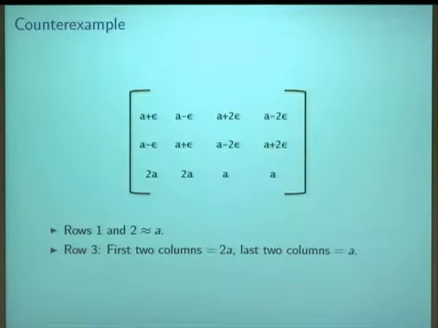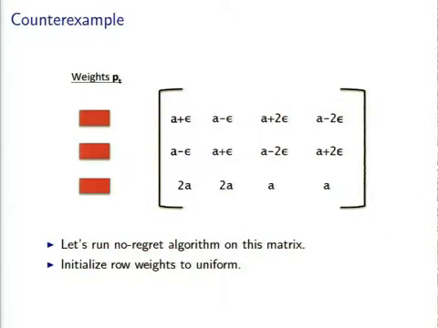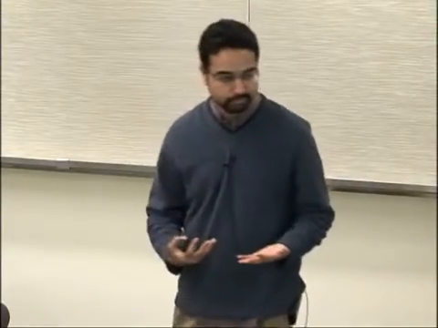These columns do twice as well on the 3rd row as these columns. Okay, so that's the tour of the matrix. So what if we ran our no-regret weight updating algorithm on this matrix? What would happen? Again, you initialize the row weights to uniform.